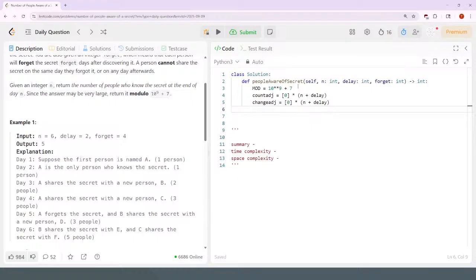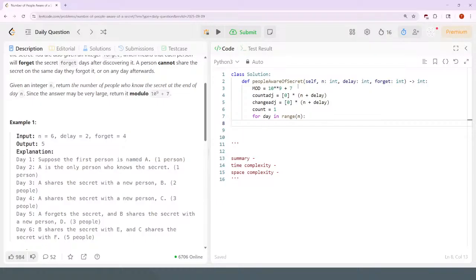Alright, so let's start with, there's going to be a raw count. That's the same as the answer count. And then for each day in the range of n, I think initially on that day, I need to start by adjusting it.